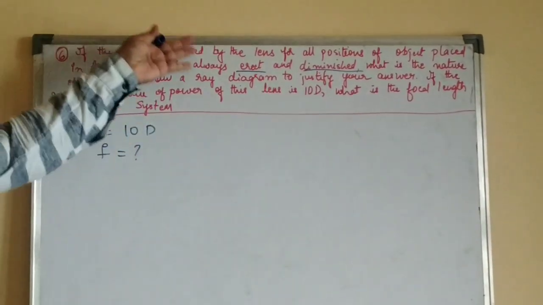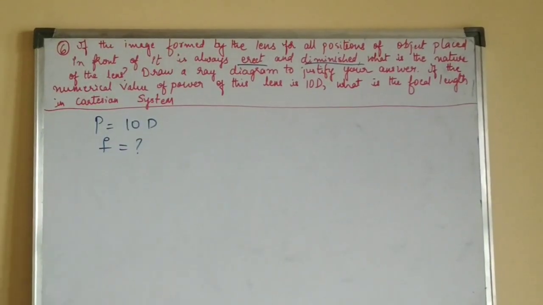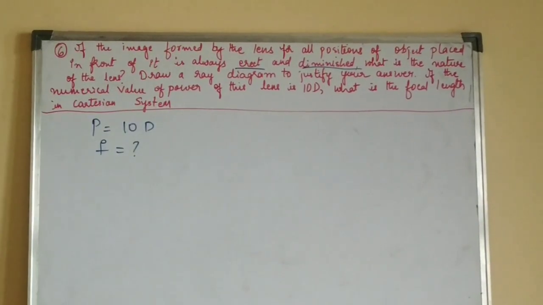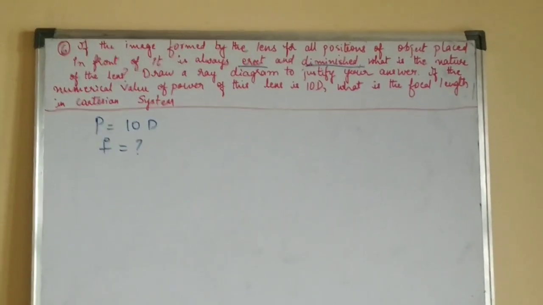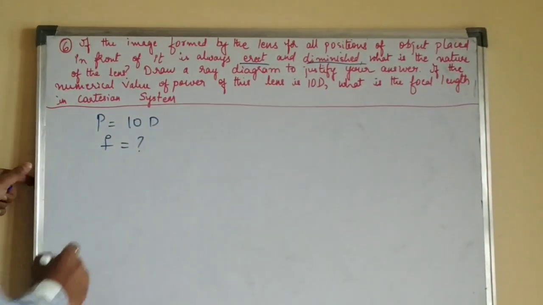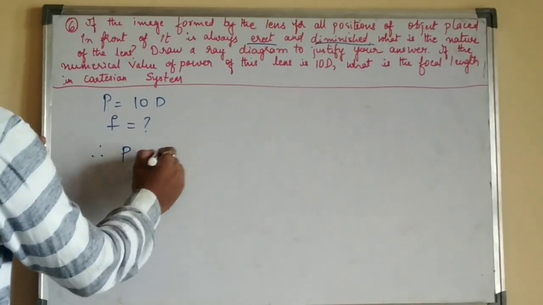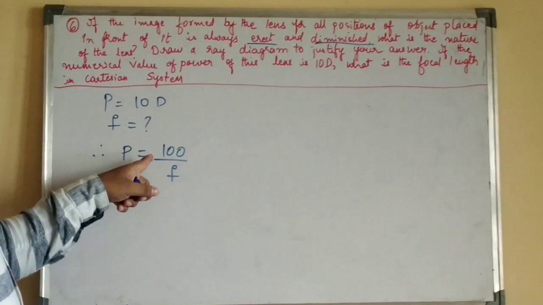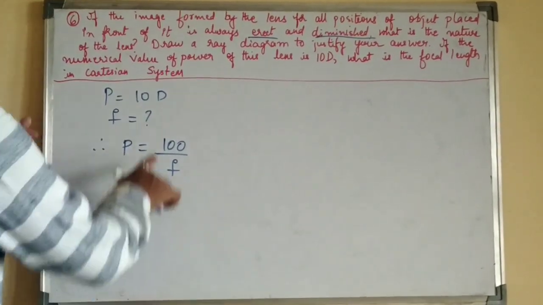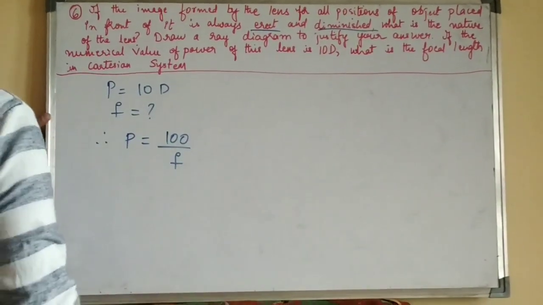For whatever lens we use practically in the laboratory or for the problem's sake, the focal length will not be 1 meter, it will always be in centimeter. So what formula do we have to use? Therefore power is equal to 100 by F, because 1 meter is equal to 100 centimeter. Using this formula, find the value of focal length.